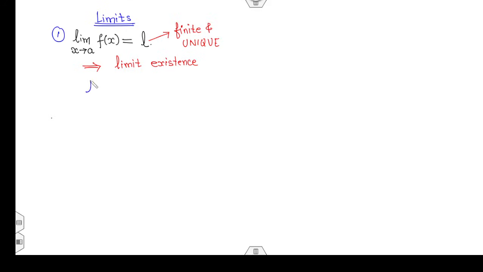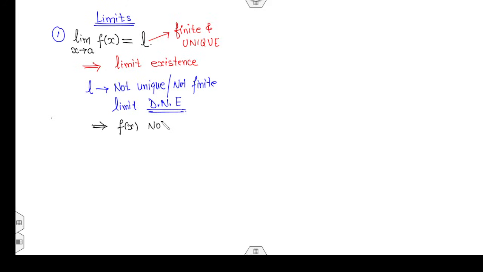On the other hand, if L is not unique, or not finite, then you can say the limit does not exist. Once the limit does not exist, you can say the function f(x) is not continuous. Once the limit does not exist, you can say the function f(x) is not differentiable.